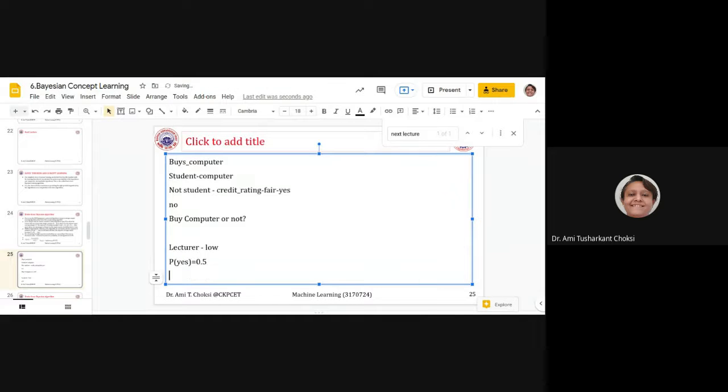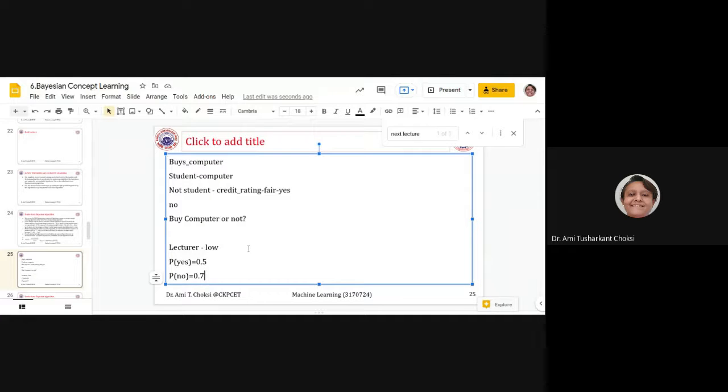And for Buys computer is equal to no, we find that it is 0.7. Now from this, we can understand that P of no is 0.7, which is maximum, right?